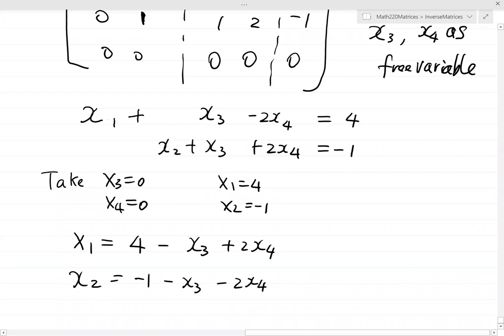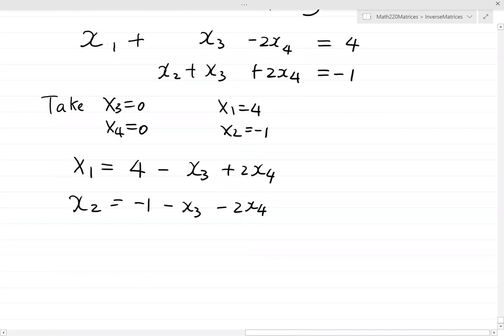So the general solution is a special solution: x1 is 4, x2 is -1, 0, 0, plus the general solution.